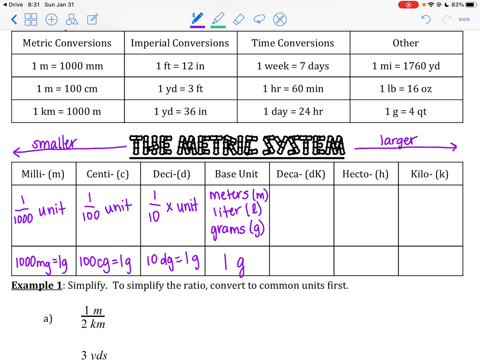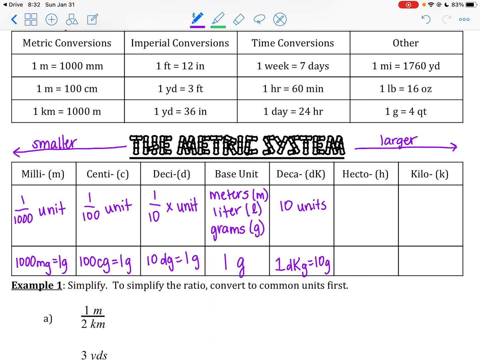Okay, so now if we're talking about these to the right, these are larger. So deca, like deci, is tenth. Deca is 10 times, so this would be 10 of the units. So 1 decagram would equal 10 grams because the decagram is larger than the gram.